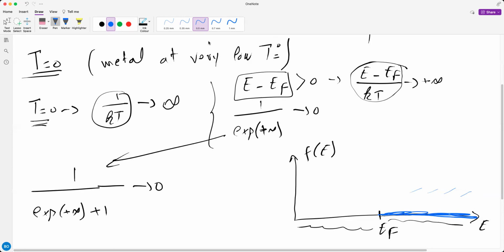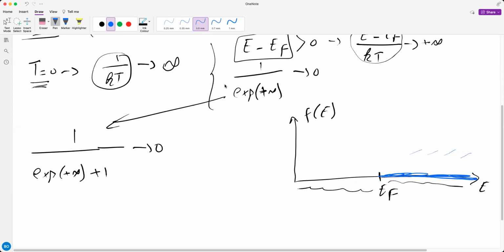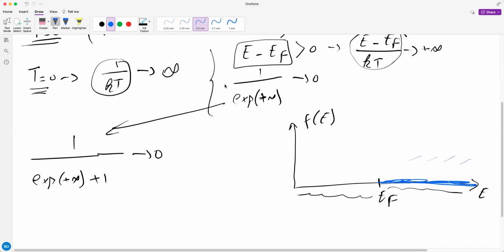Then the second case. This is case number 1. Case number 2: E minus EF is smaller than 0. Let me use another color so that you know this. Second case is E minus EF smaller than 0, which means I'm talking about this region.